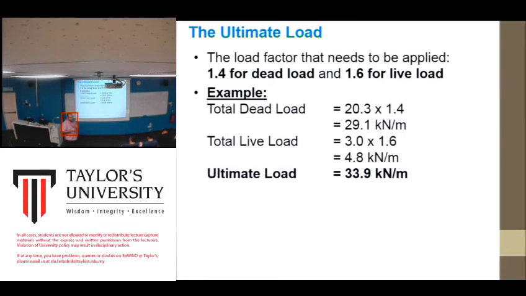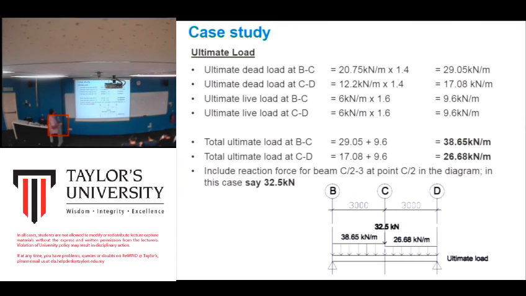So, for example, dead load is 20.3 times 1.4. So you get this amount, 29.1 kilonewton per meter, and live load is 33.0 times 1.6. You will get 4.8 kilonewton. So you add it together. So this is how to calculate.